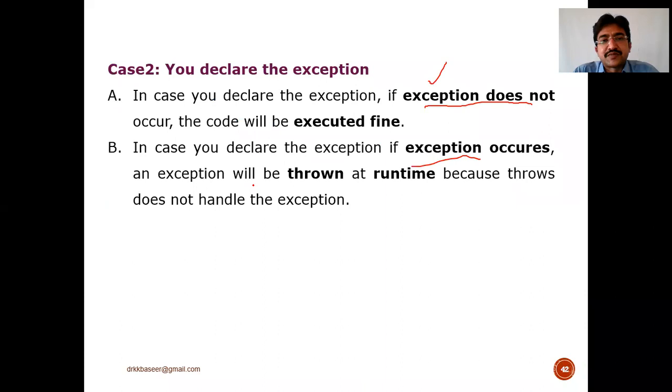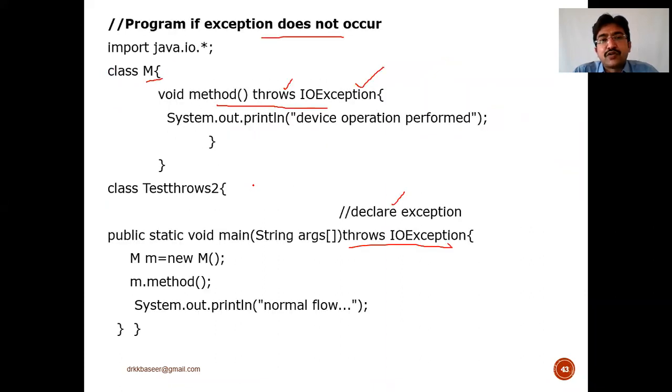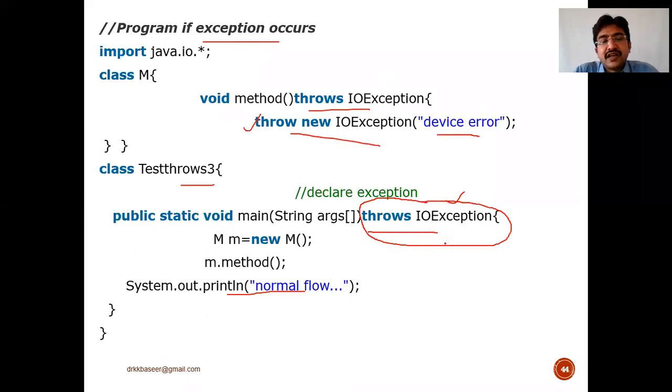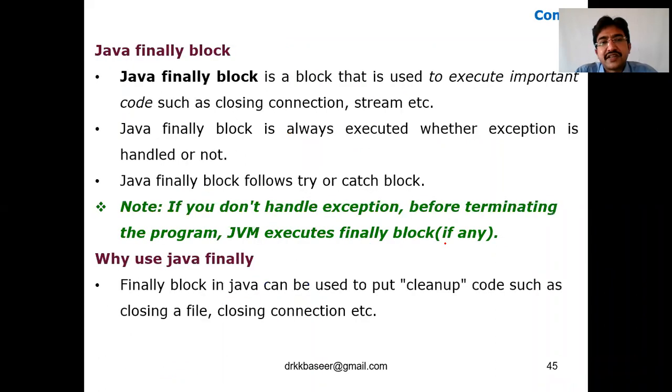When you are declaring the exception, if there are no exceptions in the program, you can run it directly just by declaring the exception, without using throw, try, catch. Don't be confused. Declaring the exception means throws, this is the line at the main method. So when exceptions are there, you just throw it and declare the exception. No need to use try catch in that one. So these are the scenarios for throws.